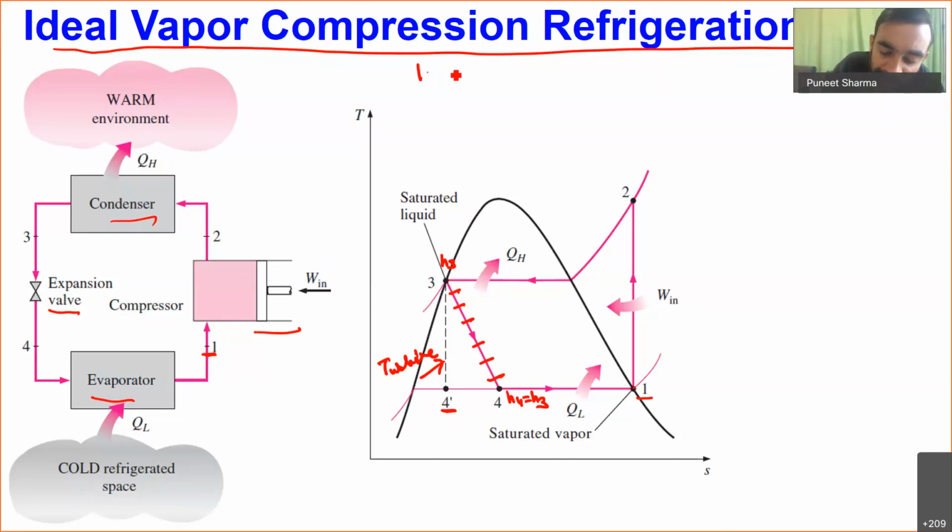So the 1 to 2 process here is isentropic, our isentropic compression process. Then 2 to 3 we have constant pressure heat rejection.